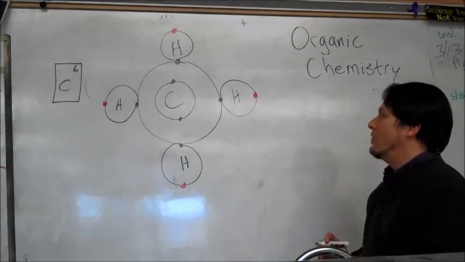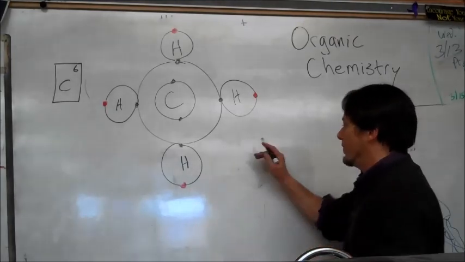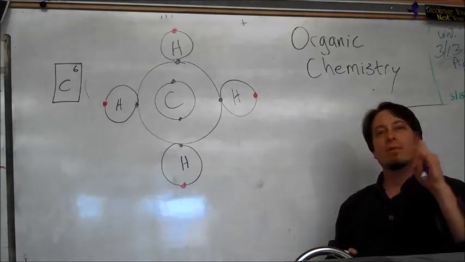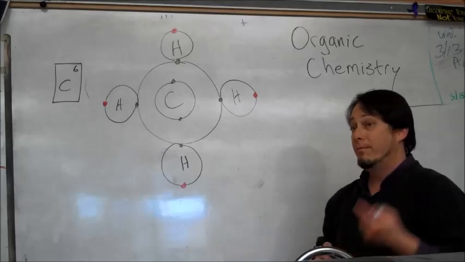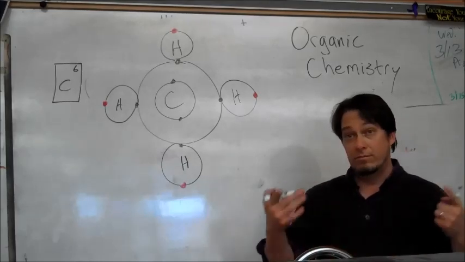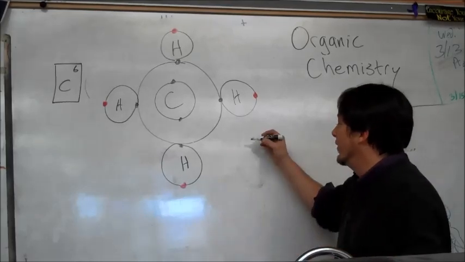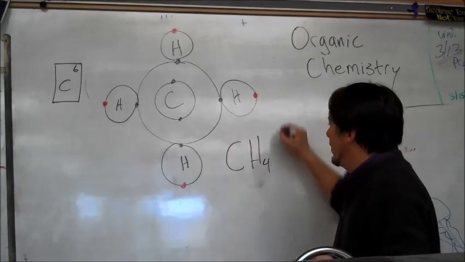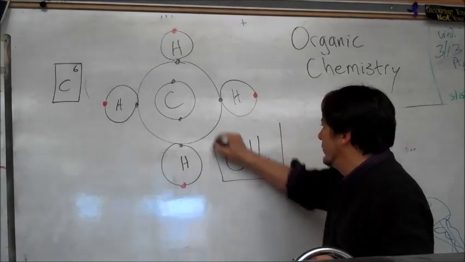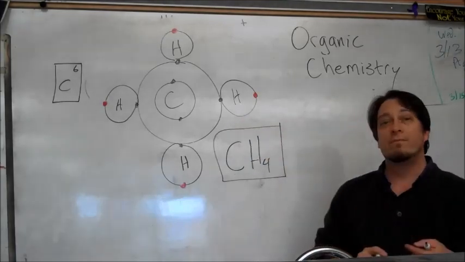What would be the formula for this? If I were to write the molecular formula for this, what would it say? Part of your review. Say what? CH4. CH4 says Mr. Rutledge, and he's correct. CH4 is what you would write this as for the molecular formula.